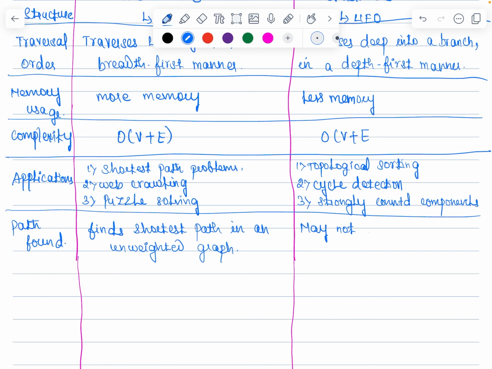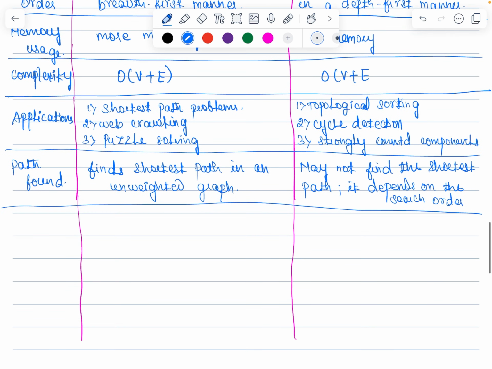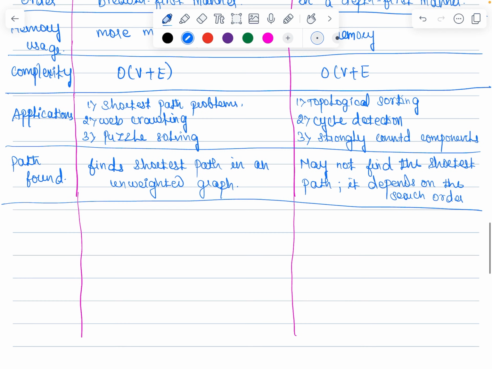So, BFS is guaranteed to find the shortest path in an unweighted graph, but DFS is not guaranteed to find the shortest path.